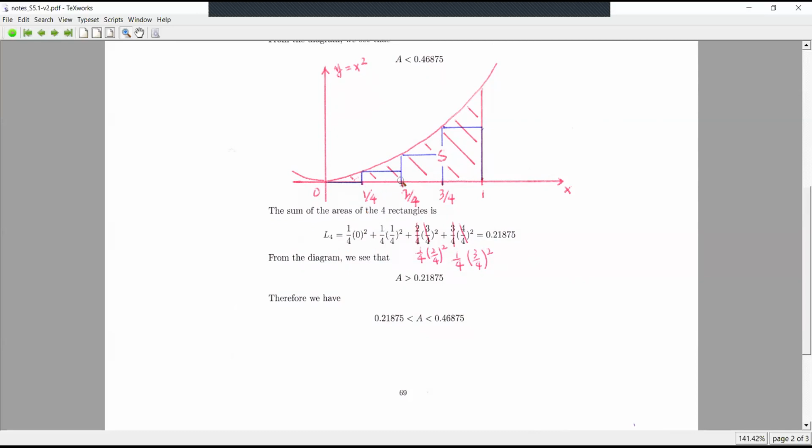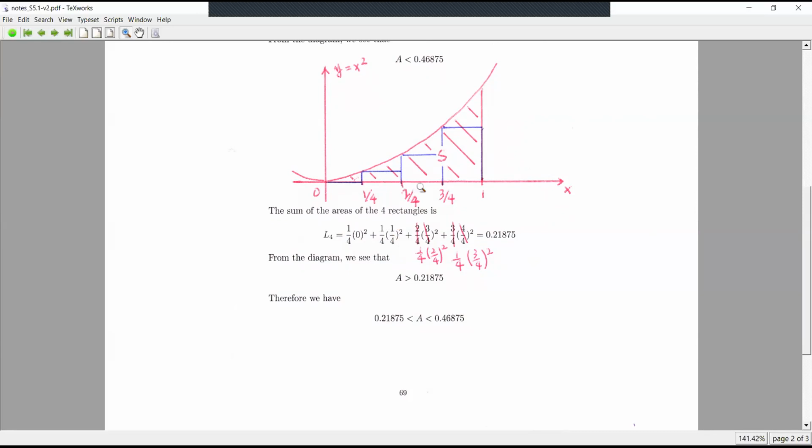Over the second subinterval, use function value at left endpoint, 1/4, as height to build 1 rectangle. Area is base, 1/4, times function value. This number is the area of this rectangle.